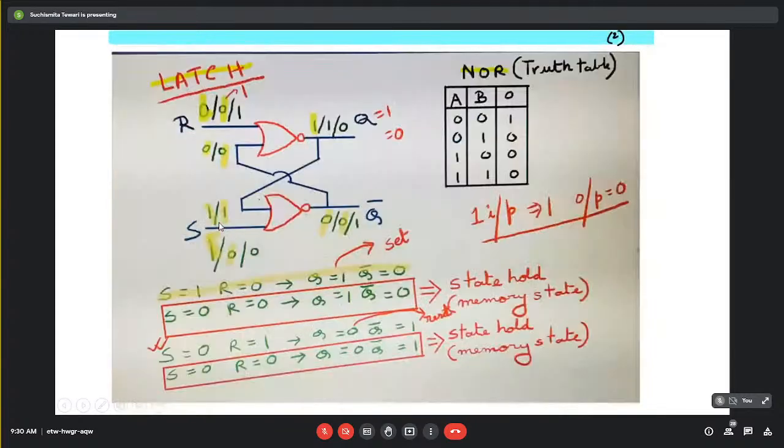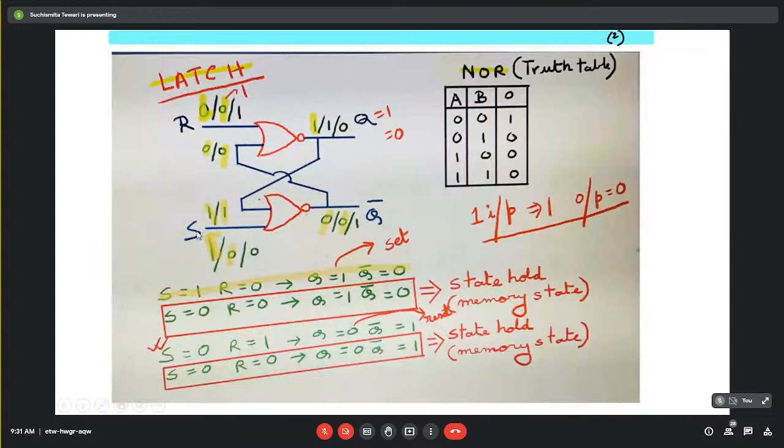As for nomenclature, here I am giving R, and here S. The logic is when S is 1, we should get the set state, that is Q equal to 1, so accordingly the S and R names are given. If someone puts the names R here and S here, the circuit will behave in a way that only when R is 1 does it attain the set state, which is non-conventional.